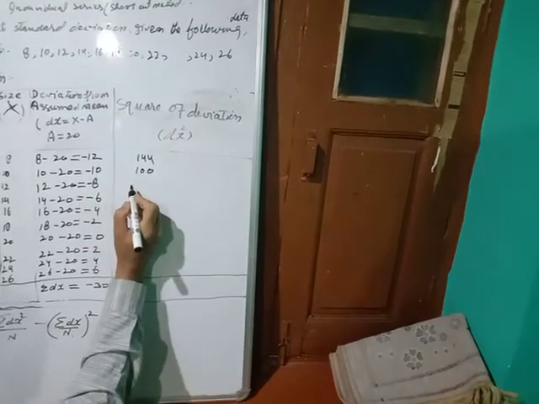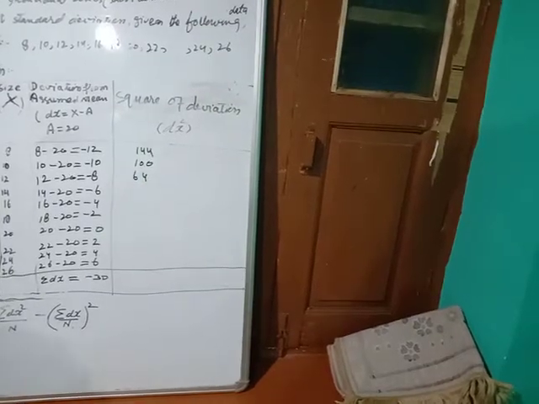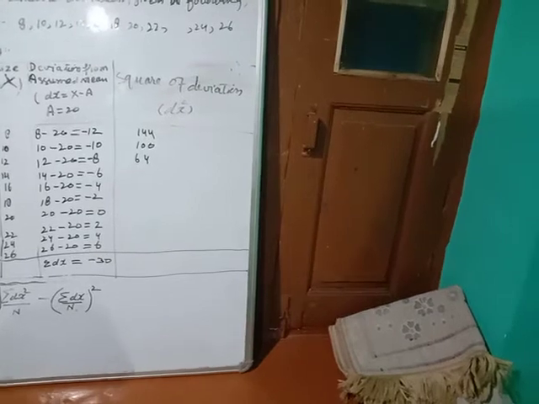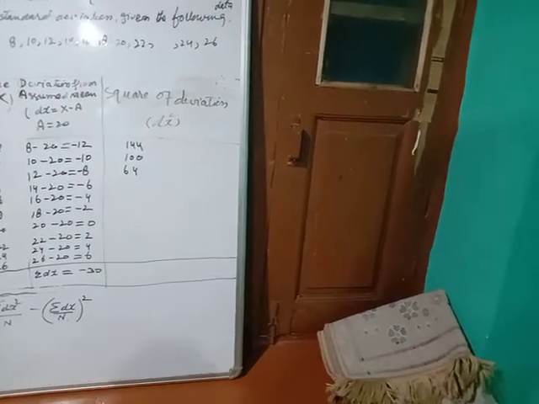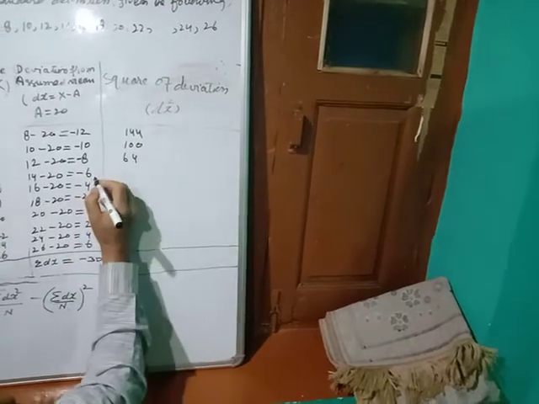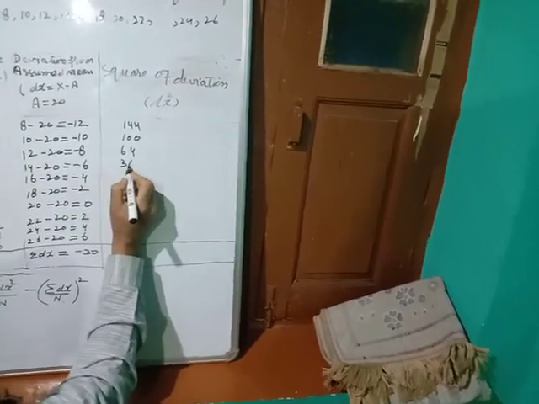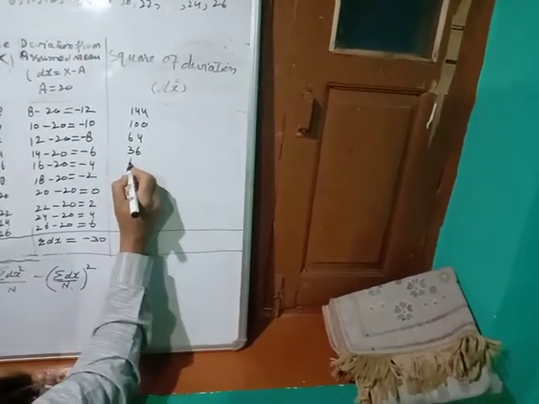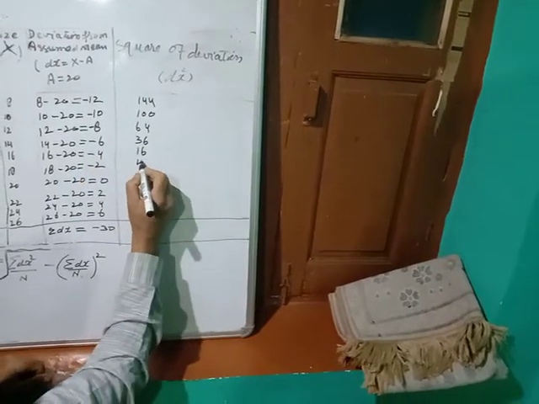Minus 8 into minus 8 is equal to 64, because minus into minus is equal to plus. When we multiply two numbers having the sign minus, the result is plus. Minus 6 into minus 6 is equal to 36. Minus 4 into minus 4 is equal to 16. Minus 2 into minus 2 is equal to 4.